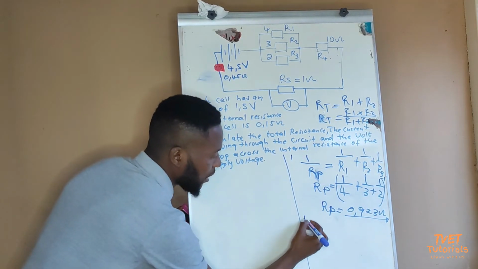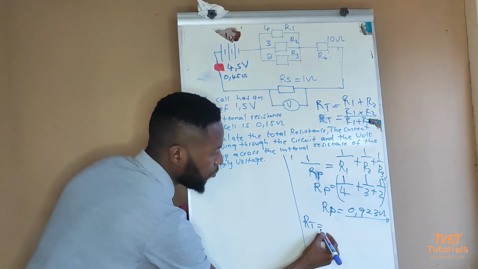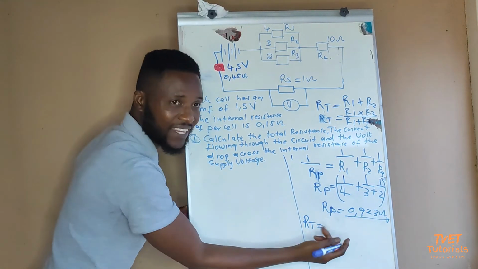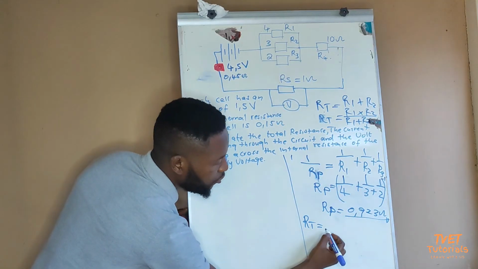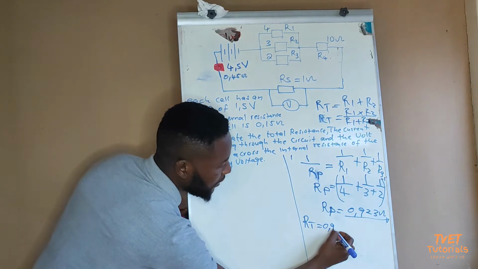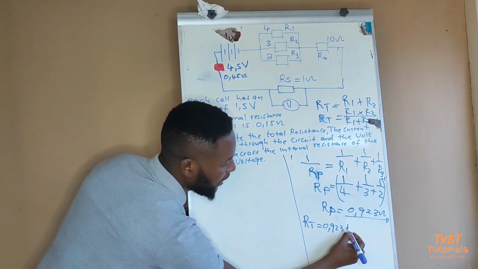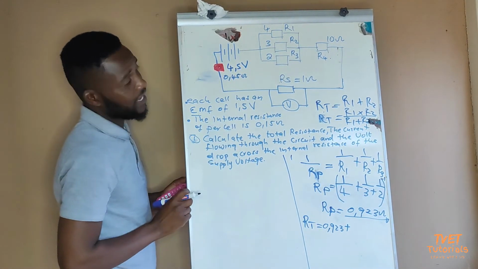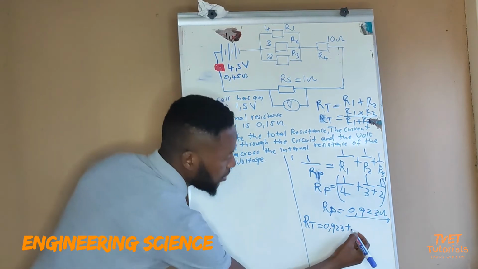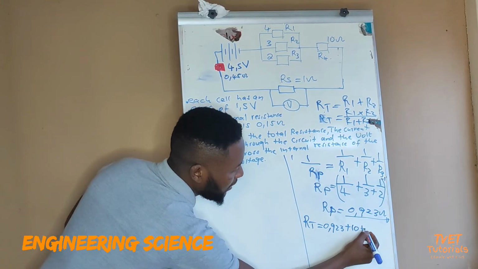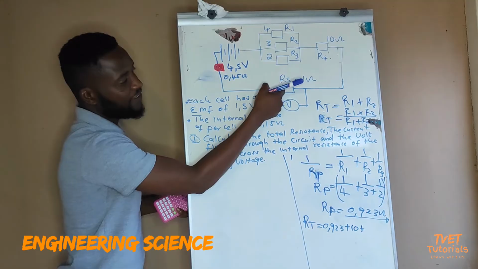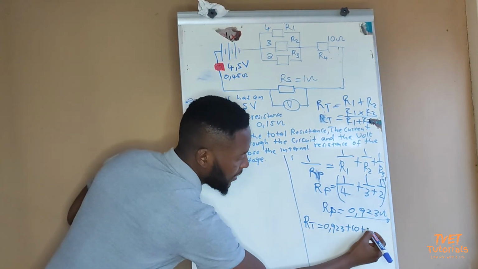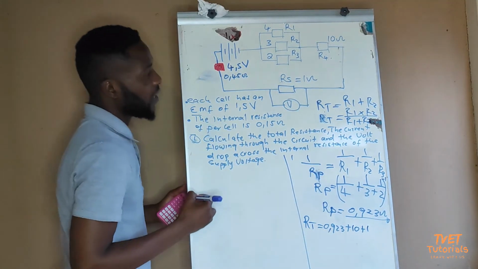So it means that now our RT will be equal to R parallel, with a magnitude of 0.923, plus R4, which has a magnitude of 10 ohms, so it's plus 10. We also have R5, we are going to add the 1, it's plus 1.